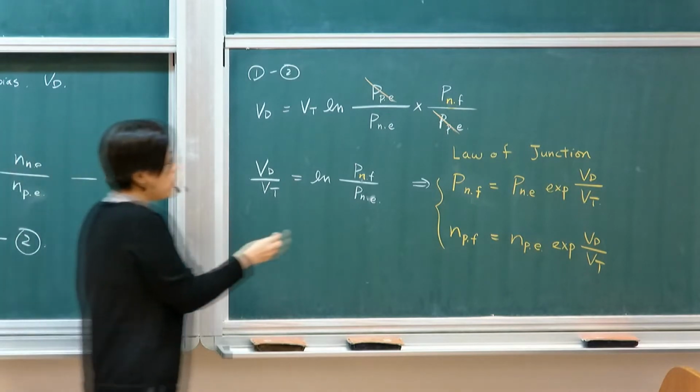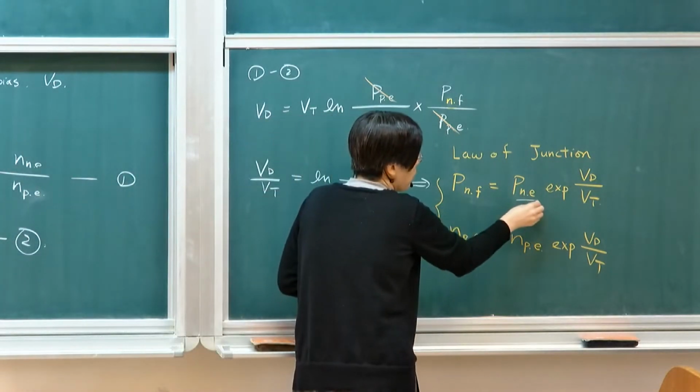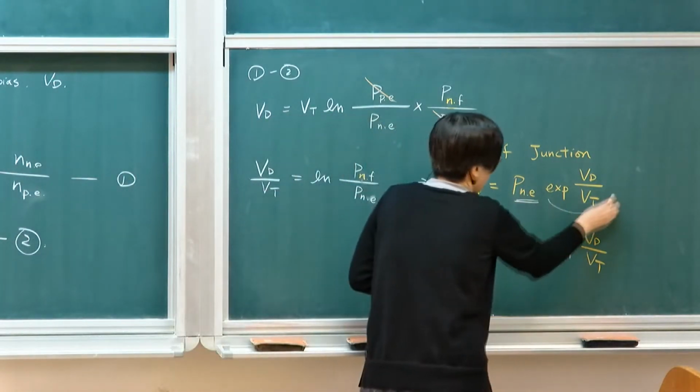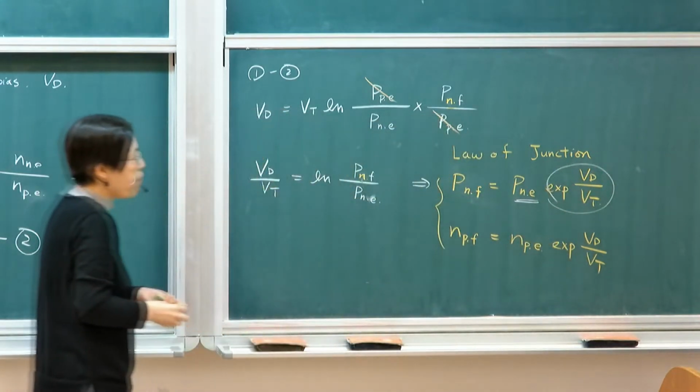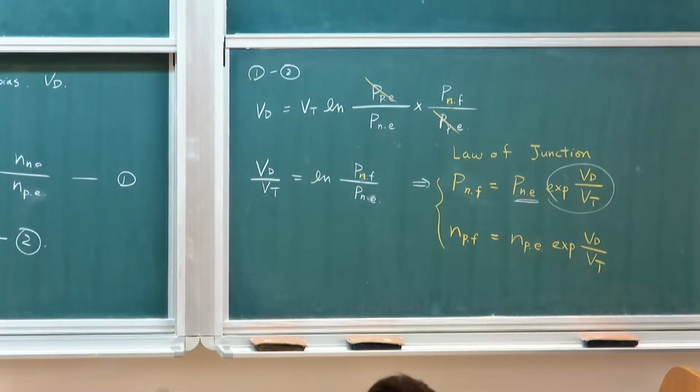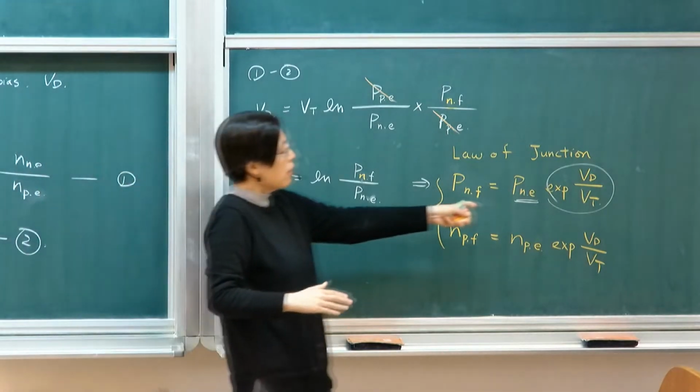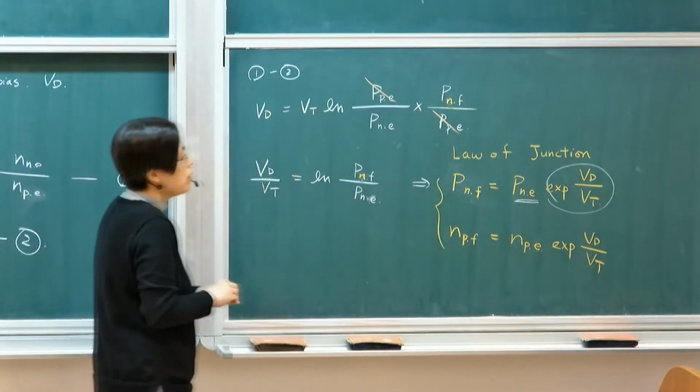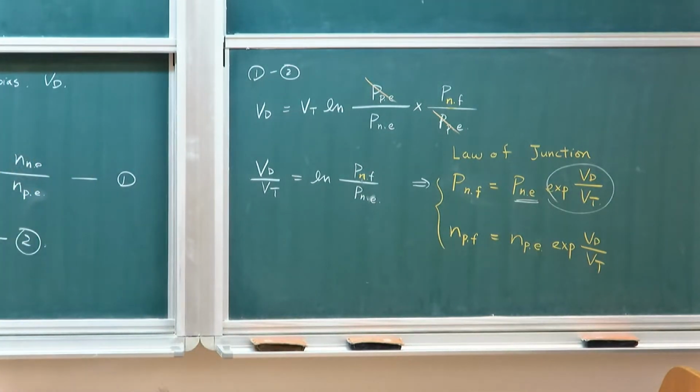So what you do is start with this very, very low minority carrier concentration. It is increased by this exponential factor, which depends on how much you reduce the barrier height. The lower the barrier, the more significant the raise of minority carrier concentration.